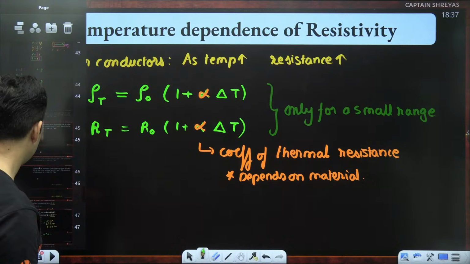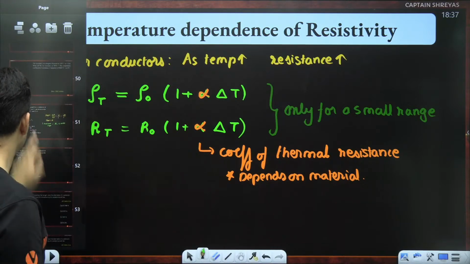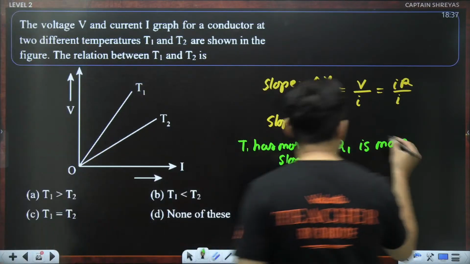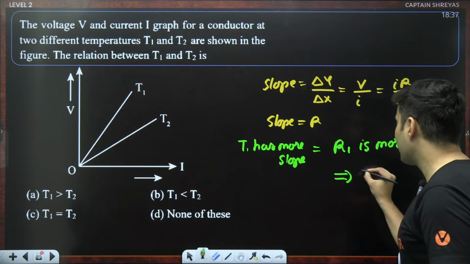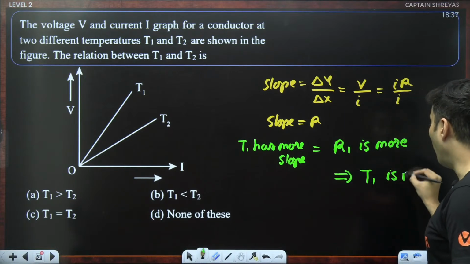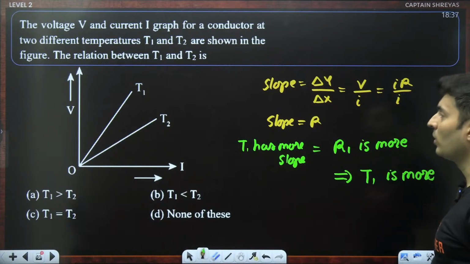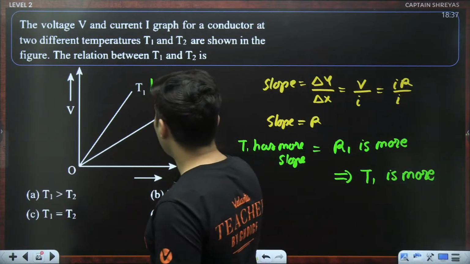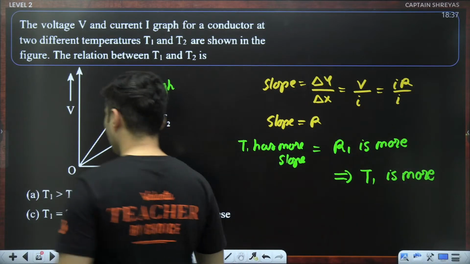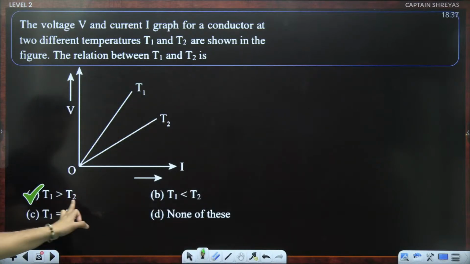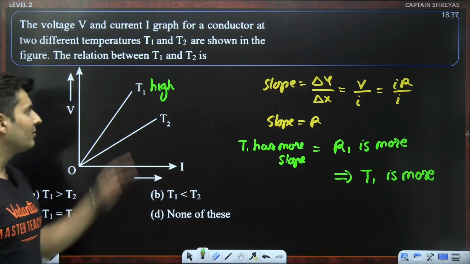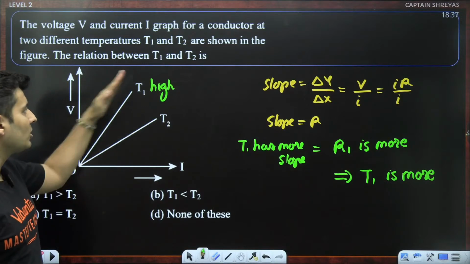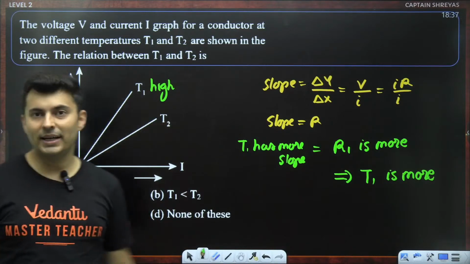So only one thing is true: if R1 is more, that also means T1 is more. Hence T1 is higher than T2, and option A is correct. If this has a higher slope, it has more resistance, and it also has more temperature. So that's why T1 is higher.